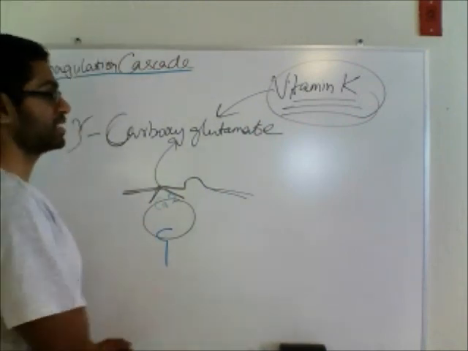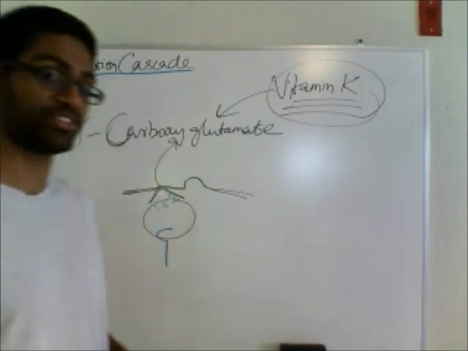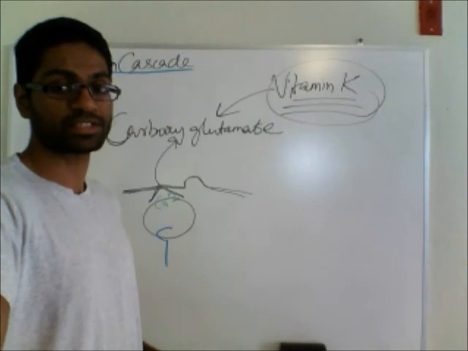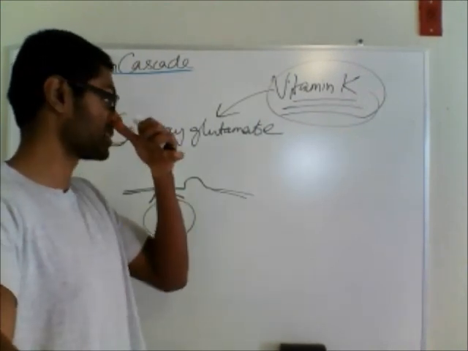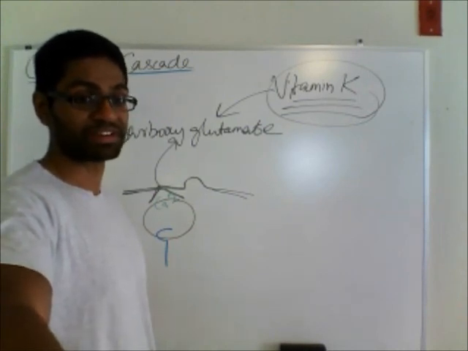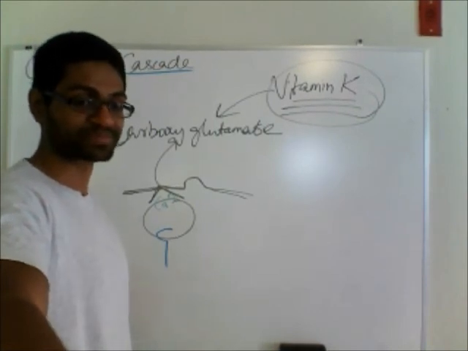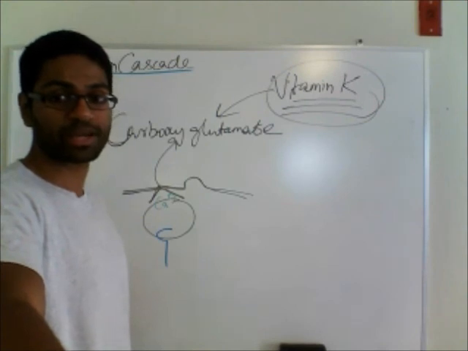It's kind of easy to remember. What does vitamin K do? It helps in the formation of carboxyglutamate. There's a drug that inhibits the formation of carboxyglutamate, basically indirectly. You know what it's called? Warfarin, aka Coumadin. So vitamin K is critical for blood clotting.